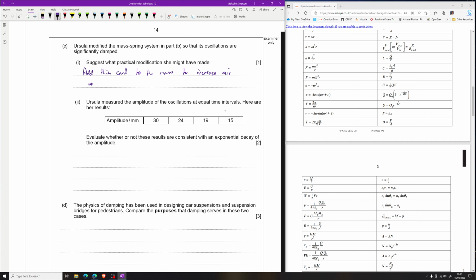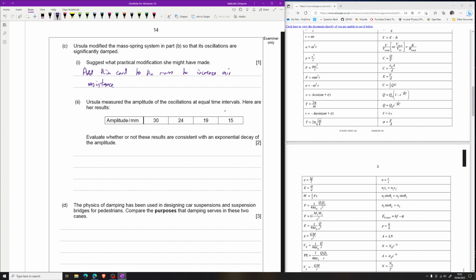I think that's a pretty standard sort of practical where you stick a bit of card in between the masses on the hanger to increase the air resistance and damp your oscillations.